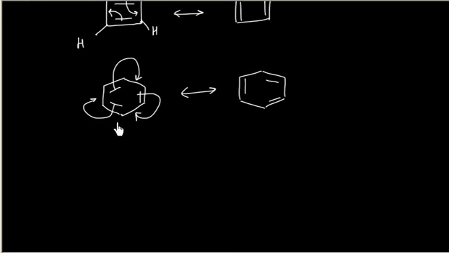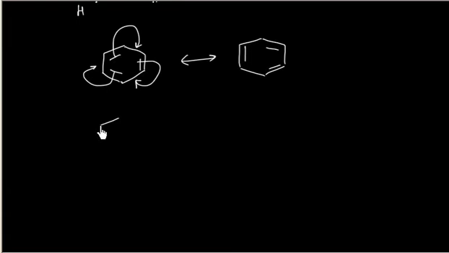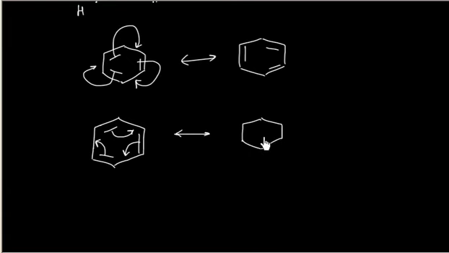We can also flow the arrow from the inside. So this time we have flown the arrow from outside. There is no necessary rule. We can flow the arrow from inside or outside. Like in this case, I can flow the arrow in this way. This goes here and this goes here. So we will have another resonating structure.